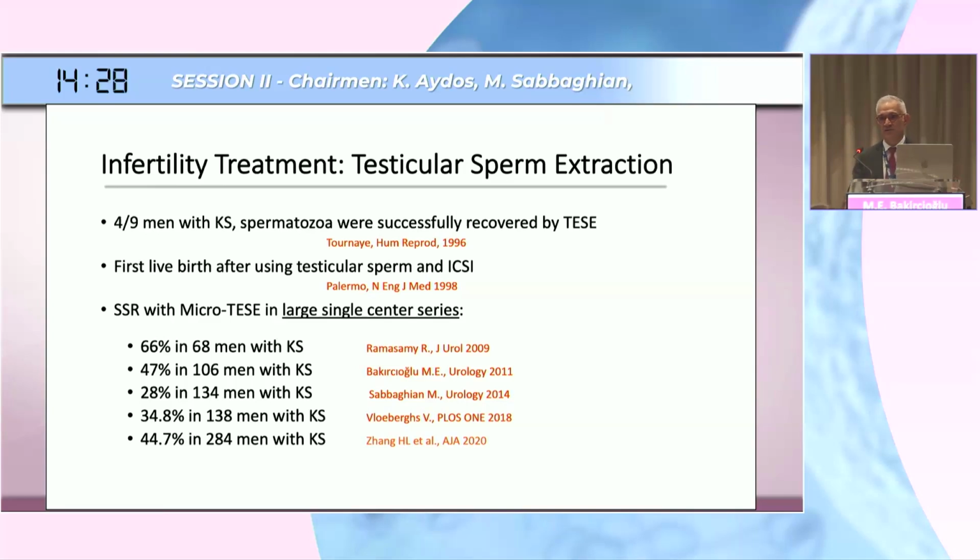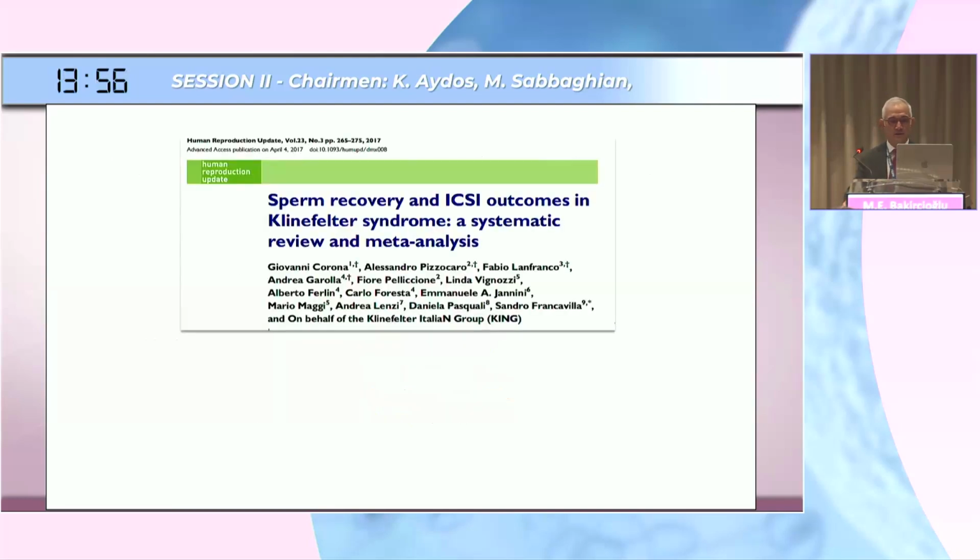In large series, including our series, we show different sperm retrieval rates from 35% to 66%, depending on the clinics. The newest one, from China, with 284 men, showed around 45% sperm retrieval success.